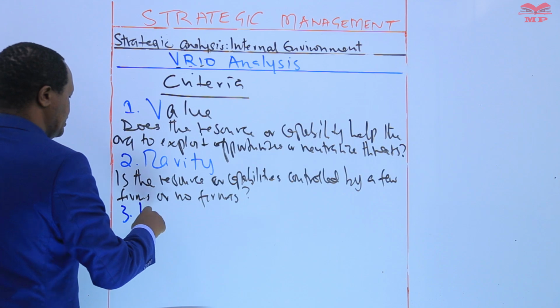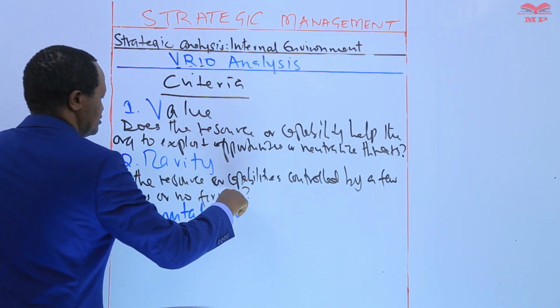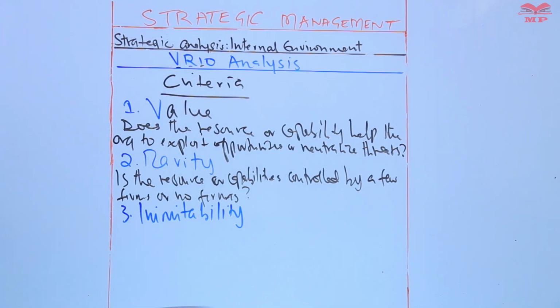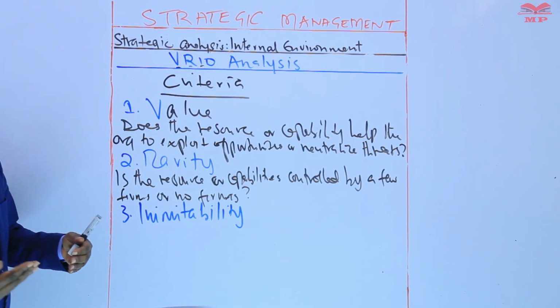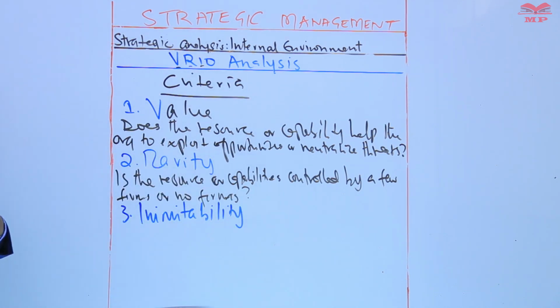Then this I stands for inimitability. Is the resource or capability difficult for competitors to imitate?